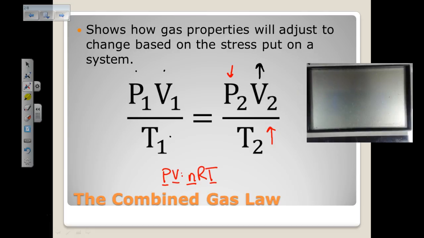This shows how the conditions change when we're changing conditions. So with the ideal gas law, the conditions are constant and we are trying to find one of the conditions: temperature, number of moles, volume, or pressure.